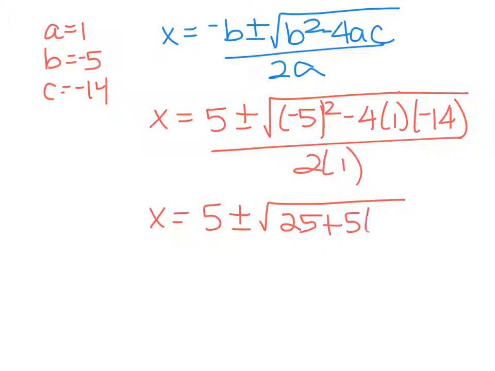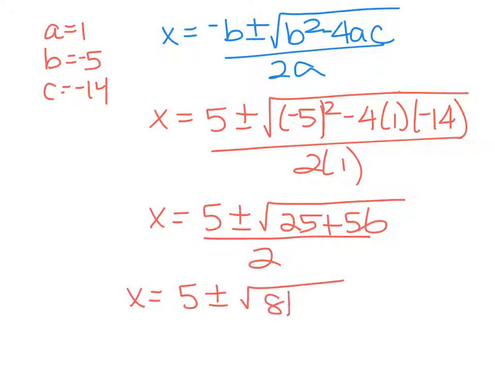plus 56 all over 2, which then becomes 5 plus or minus the square root of 81 all over 2. And notice how we had a perfect square. 81 is a perfect square. So that's a clue that this one is factorable. And so we can continue to simplify here.